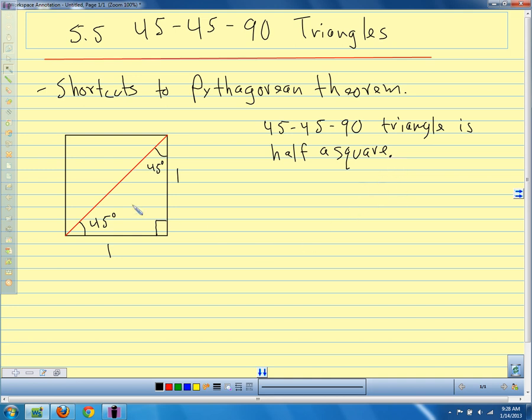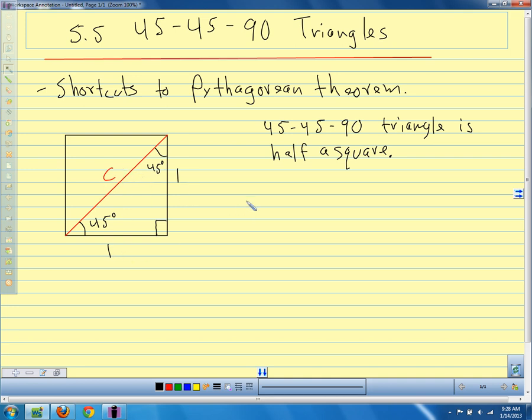So we want to find the length of this diagonal. Well, what part of the triangle, this 45, 45, 90, is the diagonal? A, B, or C? C. It's the longest side, right? It's across from the 90-degree angle, so this is C. So what we're going to do is find the length of this hypotenuse.